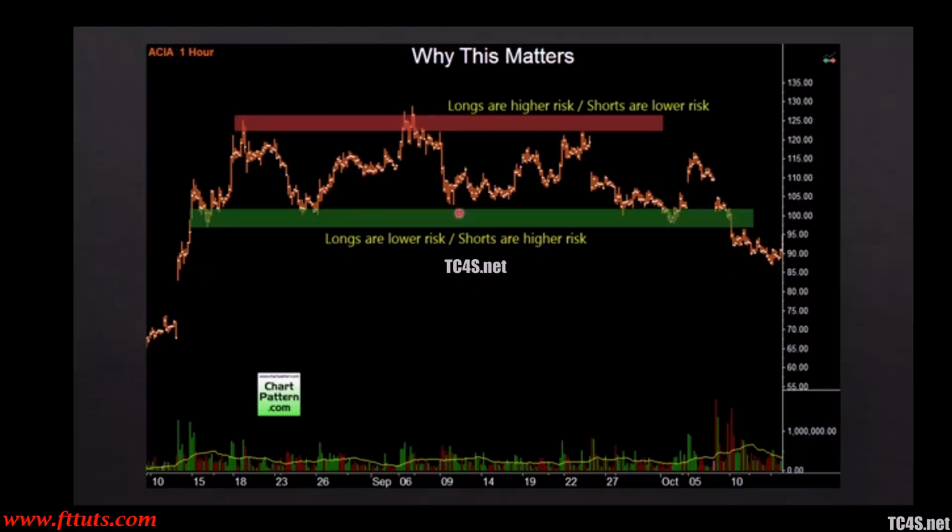Why this matters? Well, longs are higher risk up here and shorts are lower risk. And in the green zone, longs are lower risk and shorts are higher risk. Now, a breakout, which we'll learn later, changes this. But that's where we get into reading the quality of the moves.